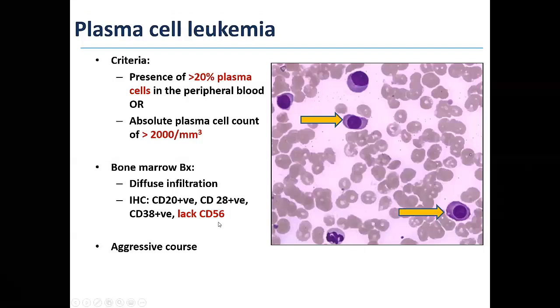And sometimes whenever there is a plasma cell leukemia, CD56 becomes negative, because CD56 actually binds the plasma cell to the stroma. Since it is not bound to the stroma, the cells are coming into the peripheral blood. That is because they lack CD56. Such cases of plasma cell leukemia have an aggressive course. Moreover, plasma cell leukemia may be de novo, that is, the disease may arise as plasma cell leukemia only.